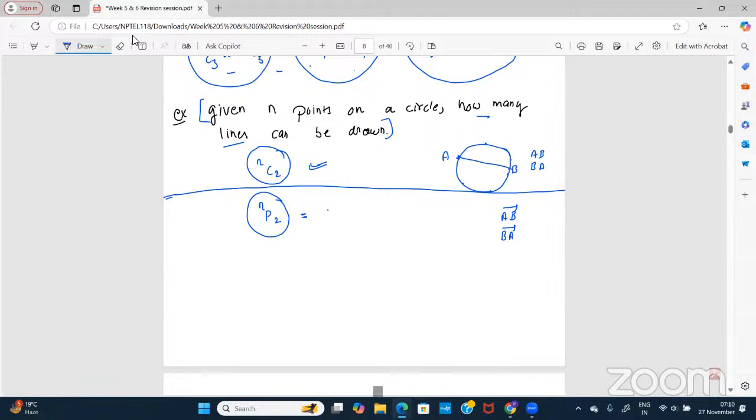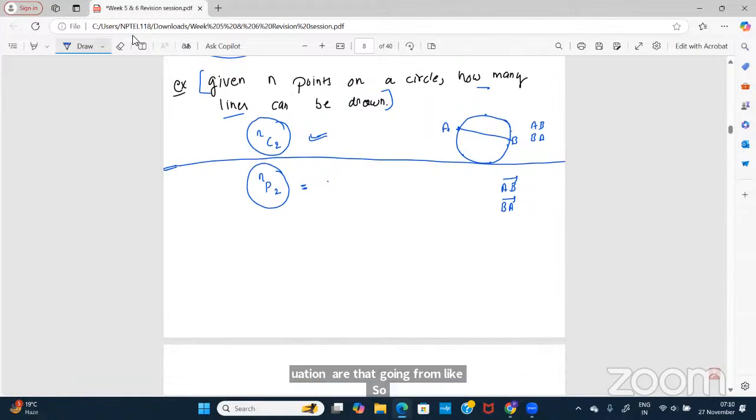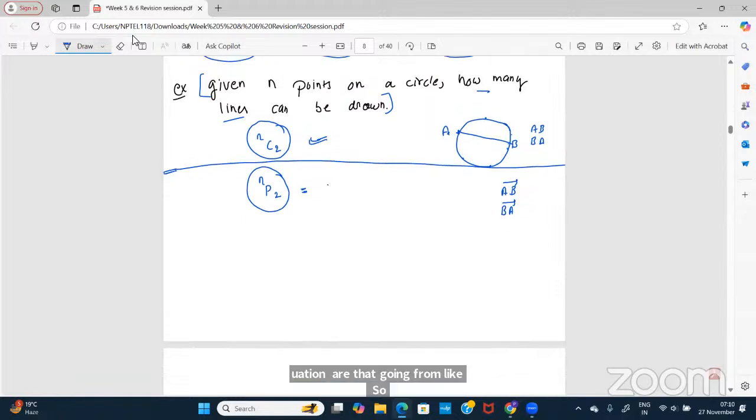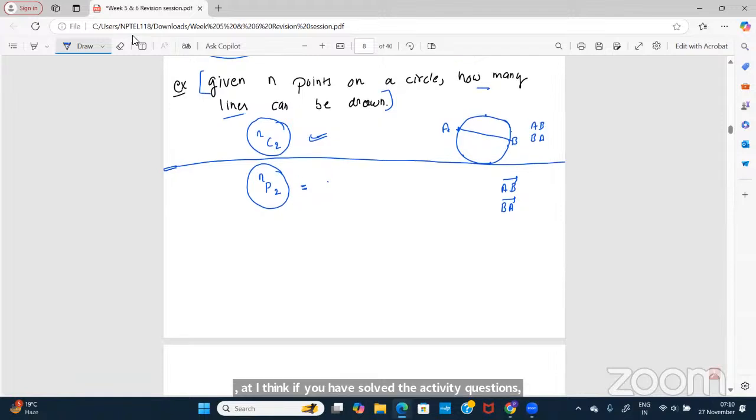But I'm just giving you a situation. In another question, if it is mentioned that going from one station to another, like from Chennai to Delhi, or from Delhi to Lucknow, then going from point A to B is different from going from point B to A.